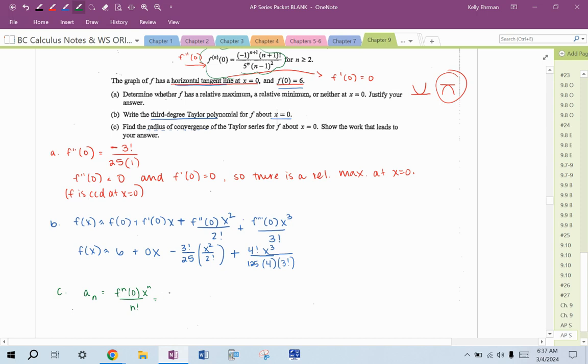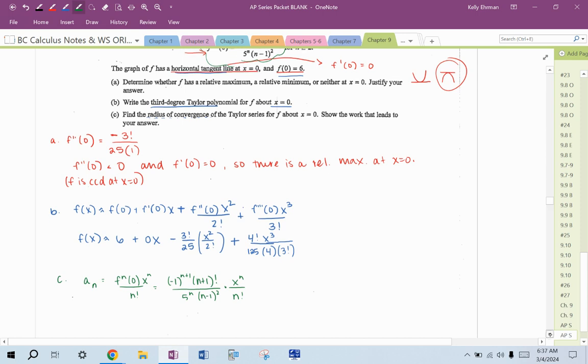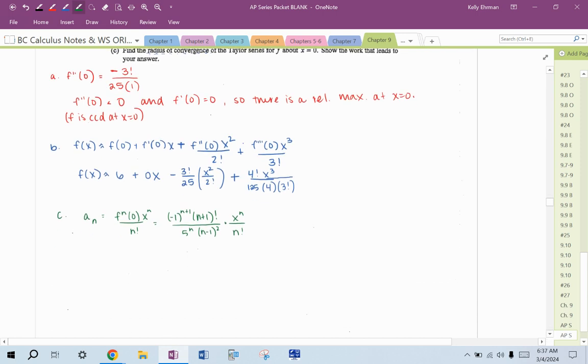And the nth derivative at 0 has this formula like this. And we multiply that by x to the n over n factorial. So yeah, we can clean this up a little bit before we toss it into the ratio test. Like n factorial cancels with n plus 1 factorial to leave you with just n plus 1. And that doesn't do a lot of work for me, but it simplifies things a little bit.